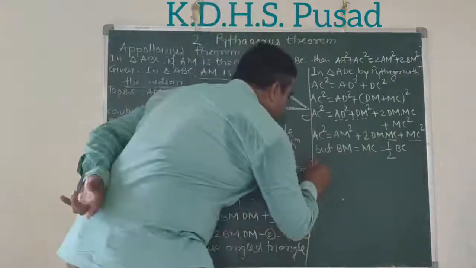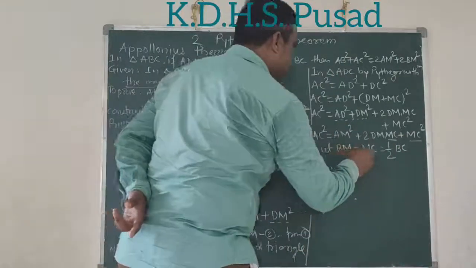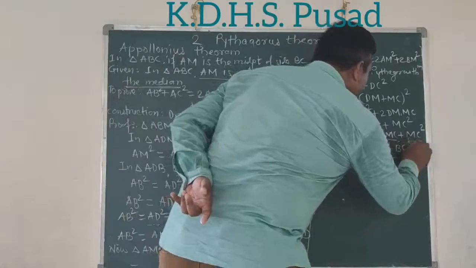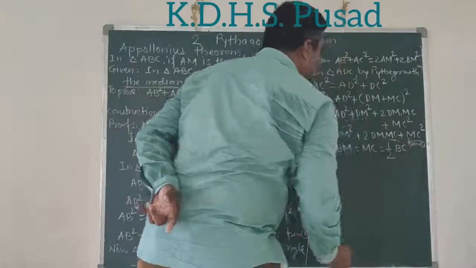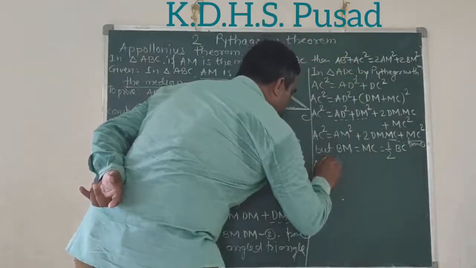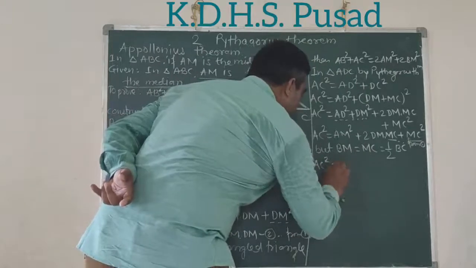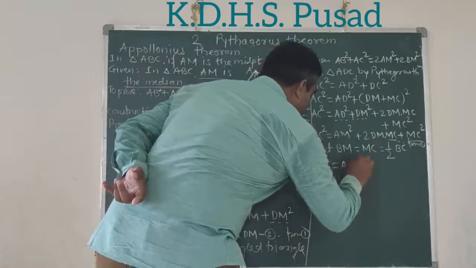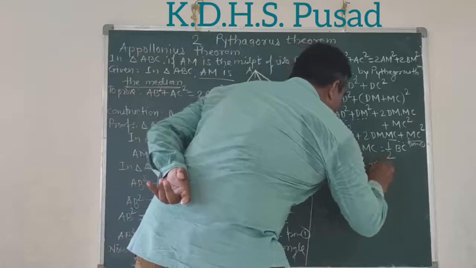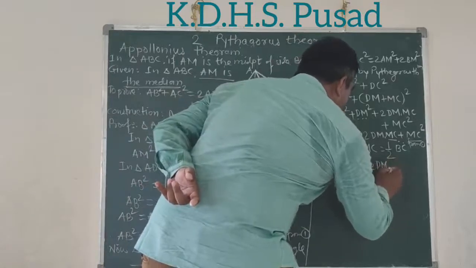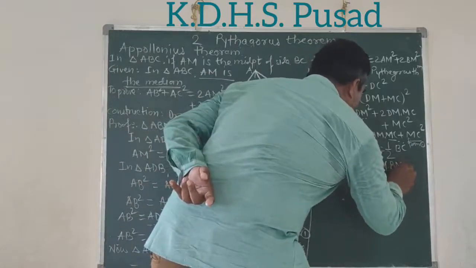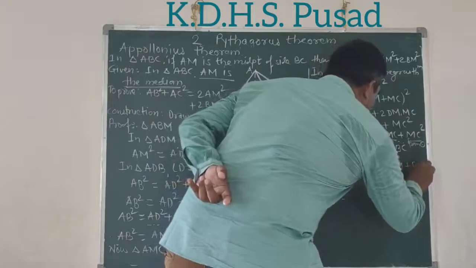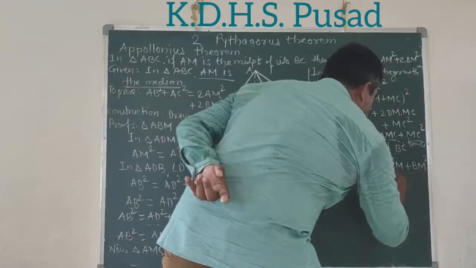So AC square is equal to AM square plus 2BM into BM plus BM square.